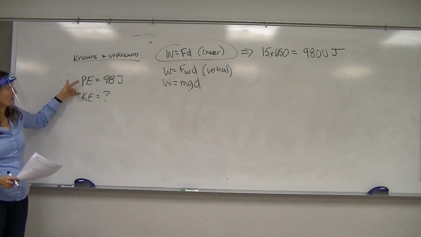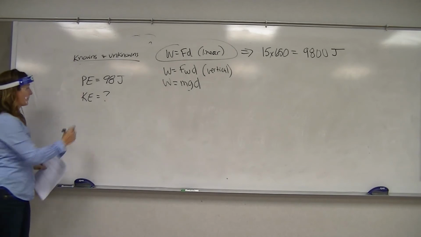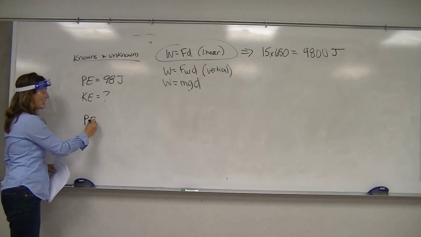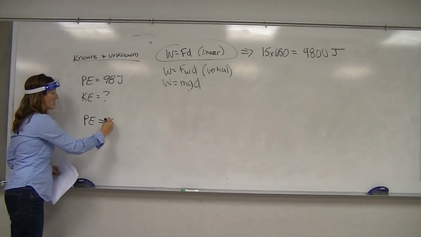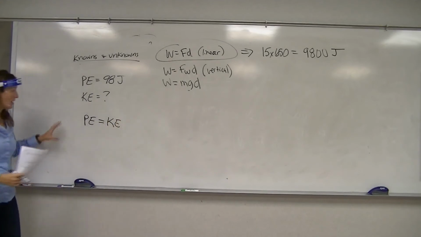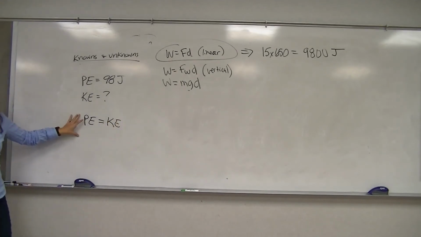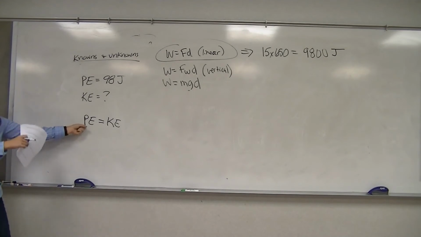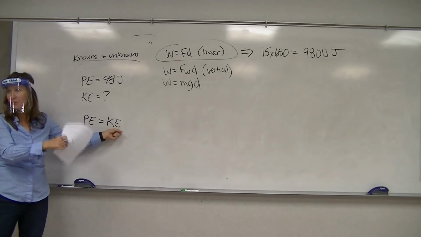So if you're talking about the same object, the potential energy of that object is equal to the kinetic energy, because of the law of conservation of energy. Energy cannot be created or destroyed. You've probably heard that before. It's only transformed from one form, in this case potential energy, into another form, kinetic.